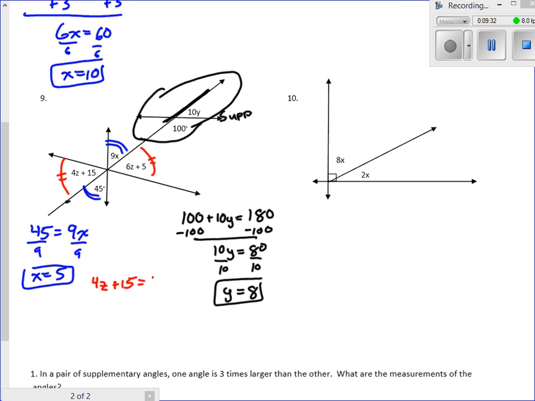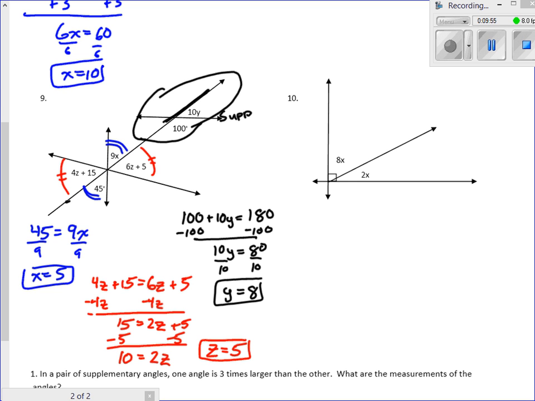So let's set those two things equal to each other. So let's start moving things around. We'll move 4z over with the 6z, so let's subtract 4z from both sides. So 15 equals 2z plus 5. Let's move the 5 over with the 15. And 10 equals 2z. And if I divide both sides by 2, we realize z equals 5.